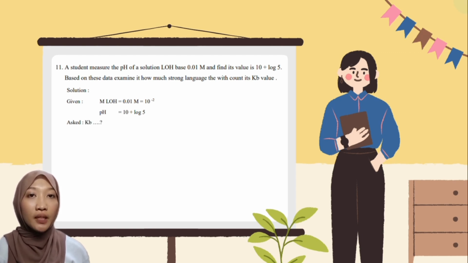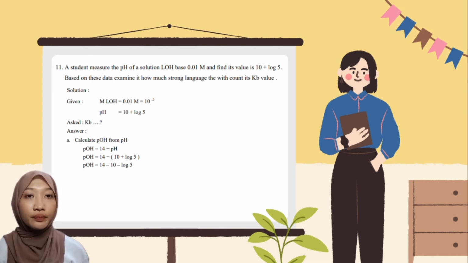Asked is Kb. The answer: A. Calculate pOH from pH with the formula pOH equals 14 minus pH equals 14 minus 10 plus log 5 equals 14 minus 10 minus log 5. So that pOH equals 4 minus log 5.